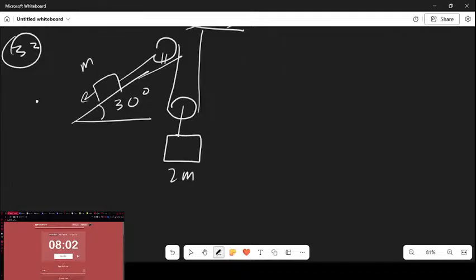So this is going to move with an acceleration of g sin theta, g sin 30 degrees, which is 1 by 2. First of all, the mistake not to make is that these two are going to move with different accelerations.